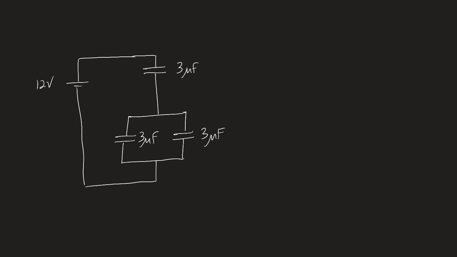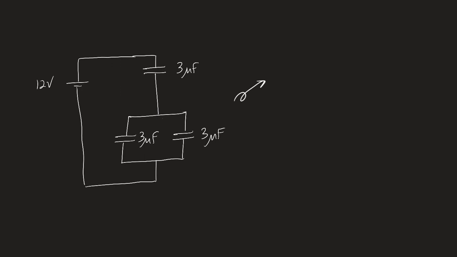Now, in each step, you can only reduce something that is purely parallel or purely series. So you have to find elements within your circuit that fit the profile for being parallel or series. So clearly, this 3 microfarads is in series with a system of parallel capacitors.